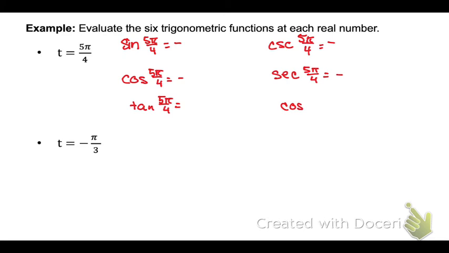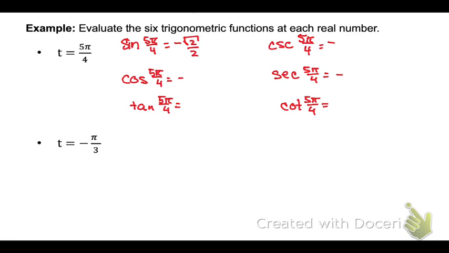How about cotangent instead of cosine twice? Okay, so sine is your y. What is your y at 5 pi over 4? It's negative square root of 2 over 2.